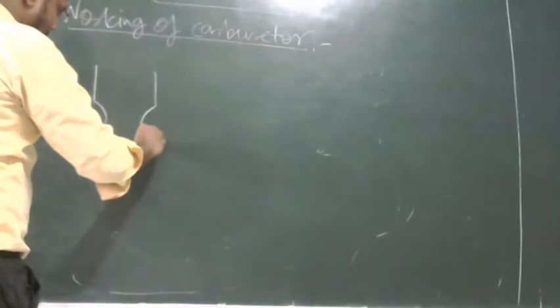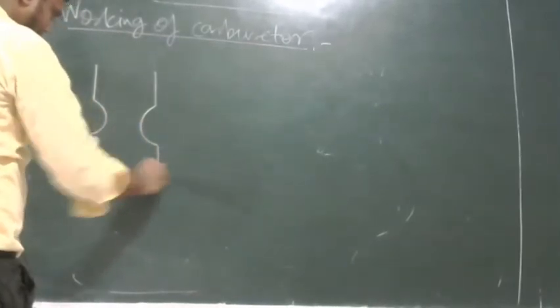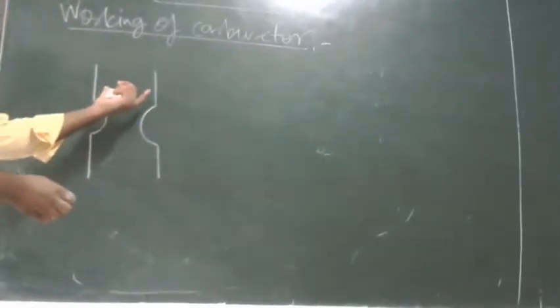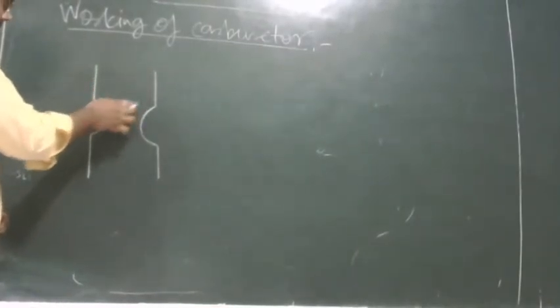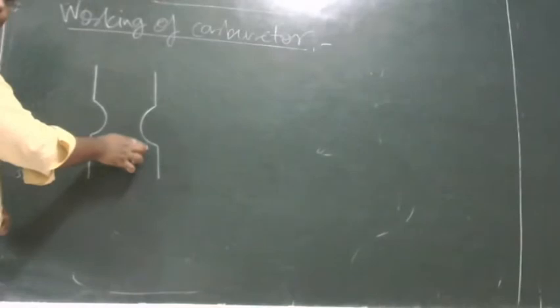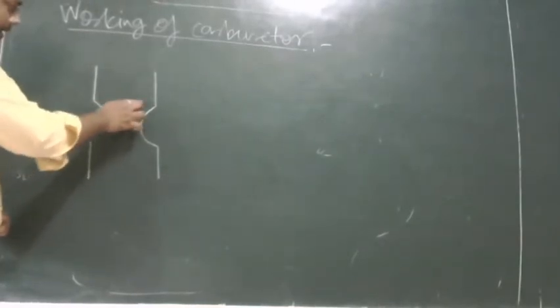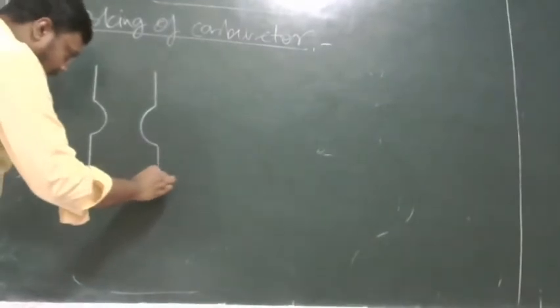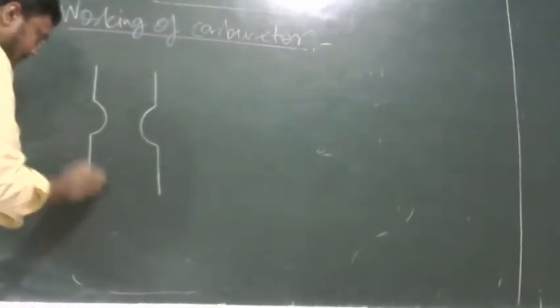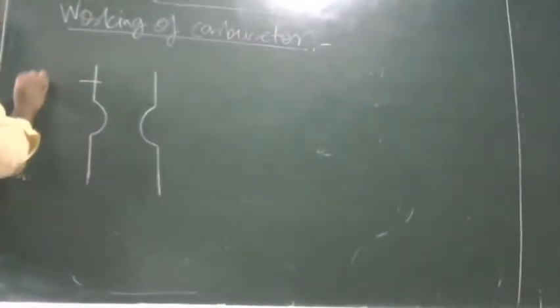The main unit has a decreasing area. You can see here, this is a uniform area, but after some time the area decreases. Why we provide a decreasing area here, I will tell you later.